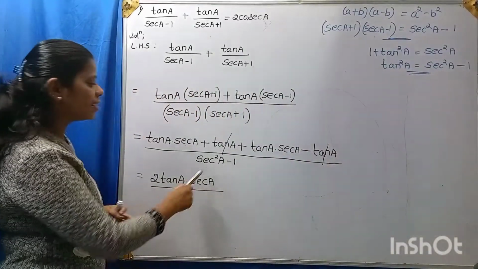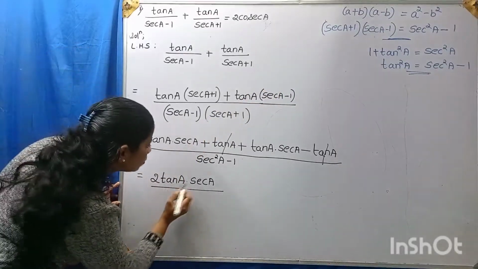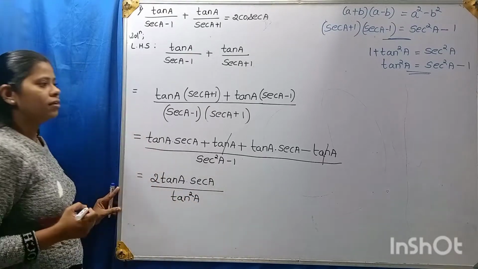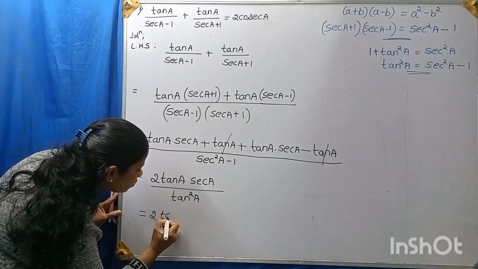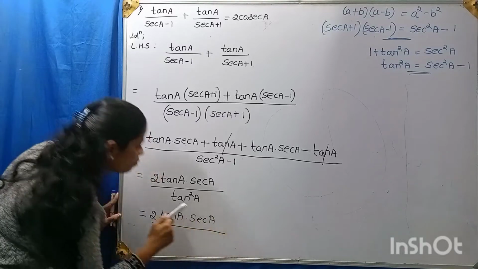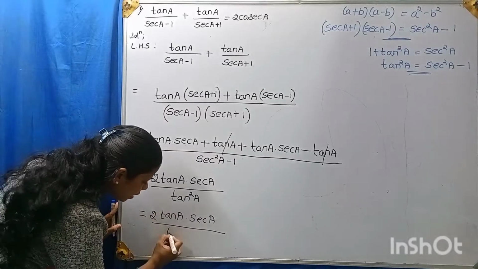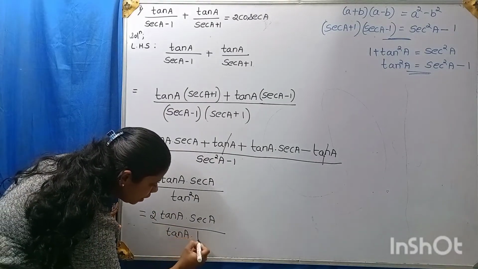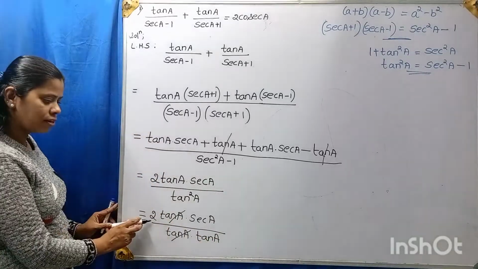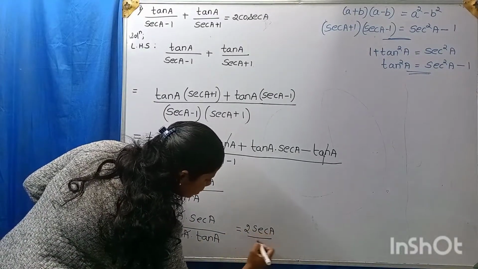So this secant square A minus 1, I can write it as tan square A. Now, 2 tan A into secant A whole divided by tan square A means tan A is present 2 times. Therefore, I can write it as tan A into tan A. Now, tan A will get cancelled. What is left? 2 secant A divided by tan A.